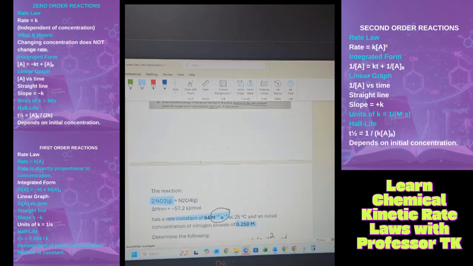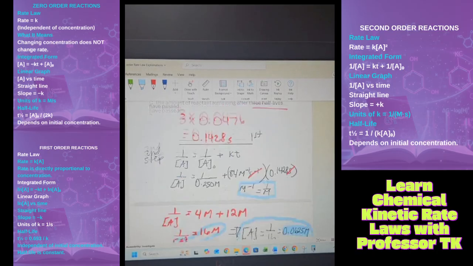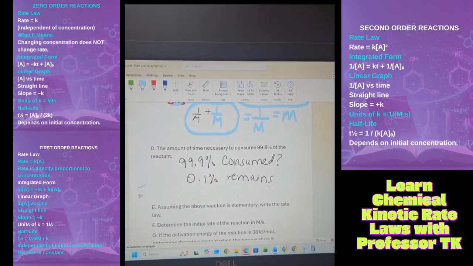You have to go back and re-evaluate what you had. You take what you had initially, but remember, you have 0.1% of that left over. So you're going to take 0.1% times that. That tells you what's left over.